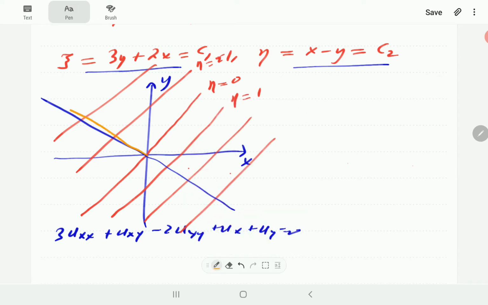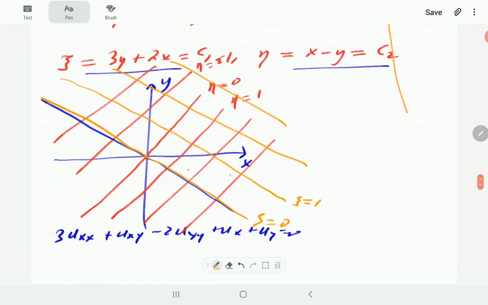This is xi equals 0. If xi is equal to 1, then it's going to be something like that, xi equals 2. So this is going to be the coordinates of the canonical coordinate system, xi eta.